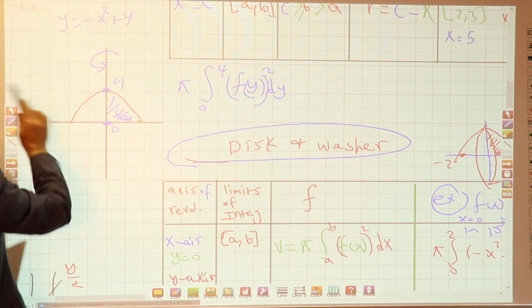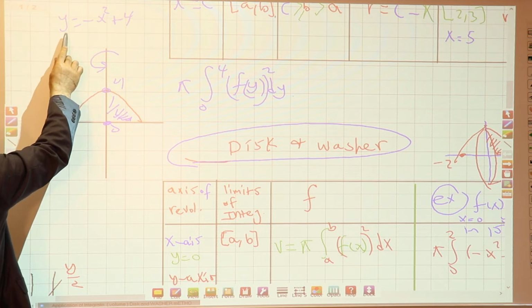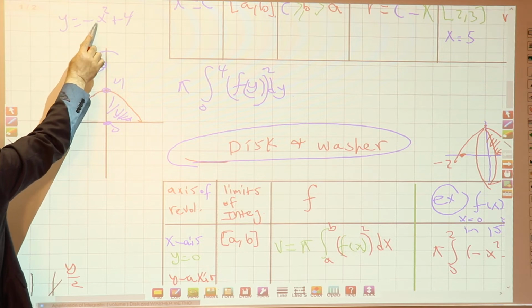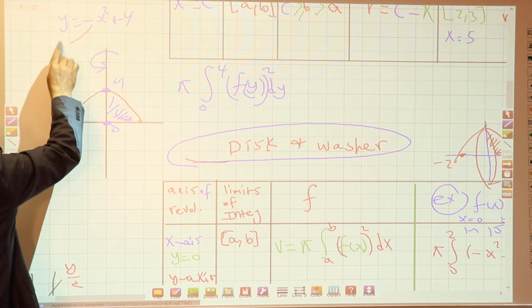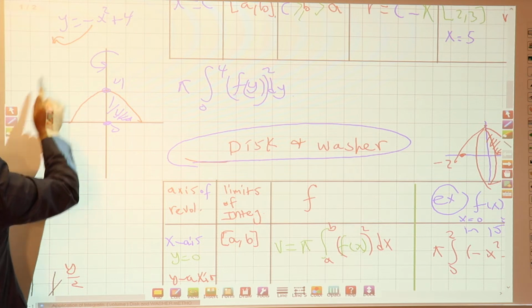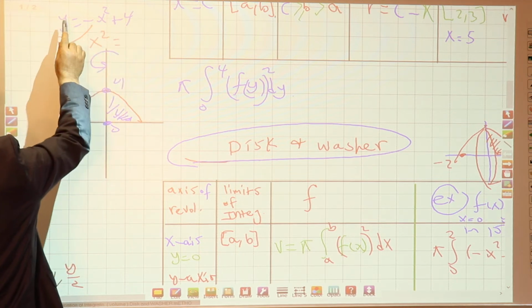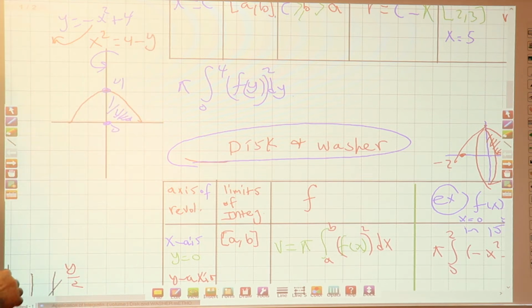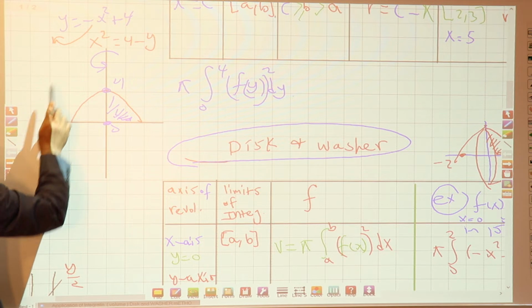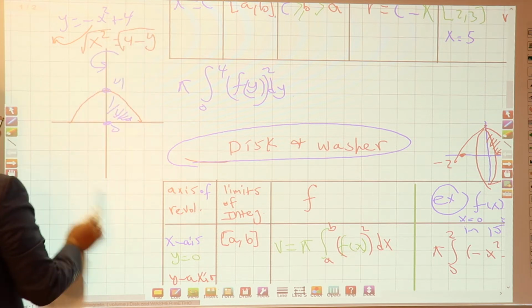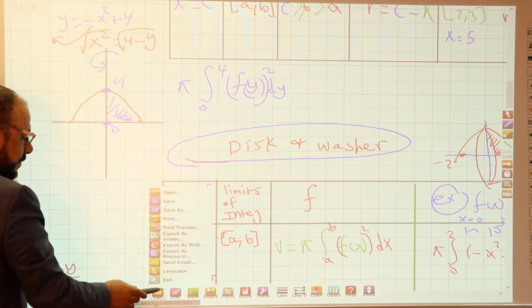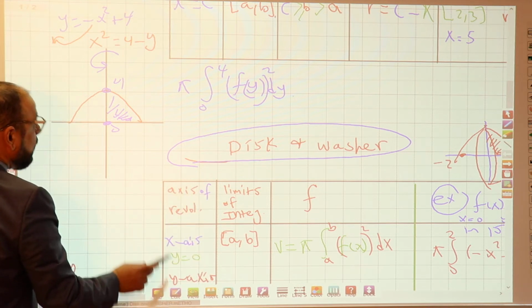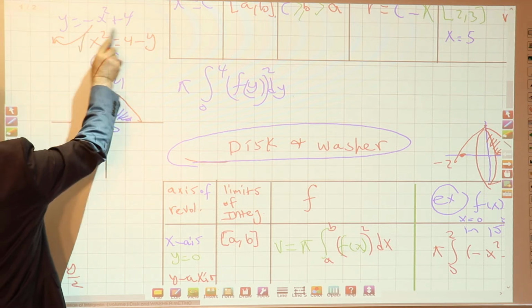You solve this for x. Moving x squared to one side it becomes positive, and moving y to the other side, x squared equals 4 minus y. Take the square root of both sides.